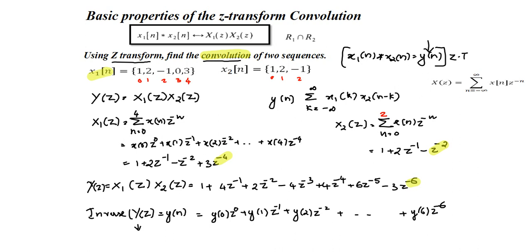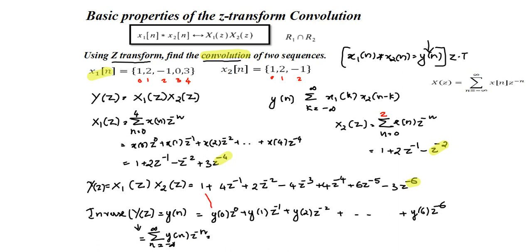Y of z you can calculate by using the formula sigma n is equal to minus infinity to infinity y of n into z raised to minus n. If we expand this particular equation, here you can see that there is no minus term, starting from 0. Y of 0, z raised to 0 term, z raised to minus 1 term, z raised to minus 2, etcetera, up to z raised to minus 6. So you can directly compare these coefficients. I can compare all these coefficient values.